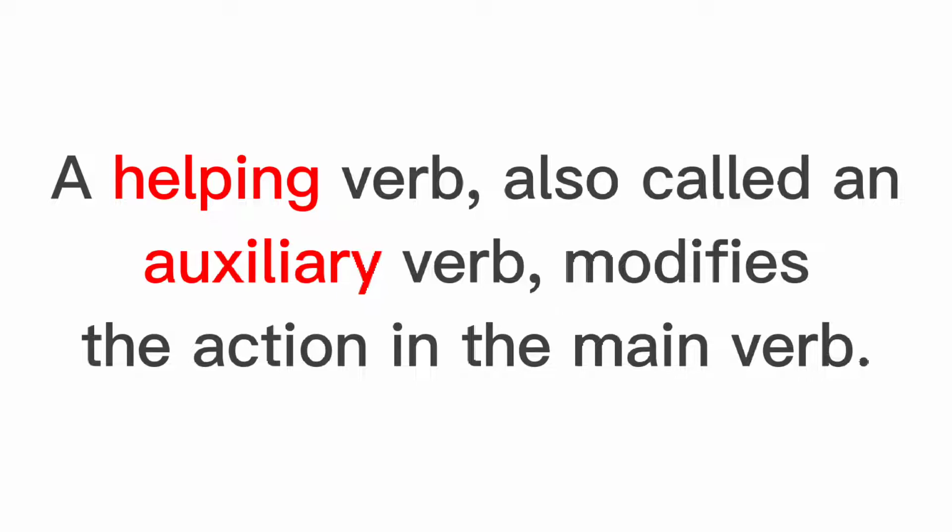A helping verb, also called an auxiliary verb, modifies the action in the main verb. Auxiliary verbs help readers to understand the main verb. They typically change the mood or tense of the main verb.